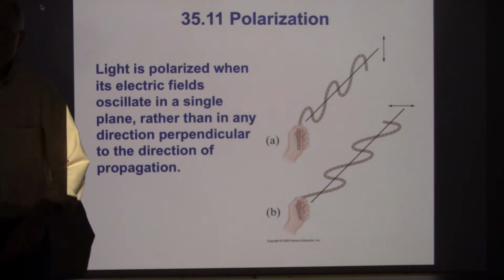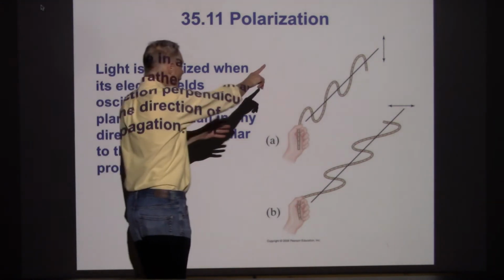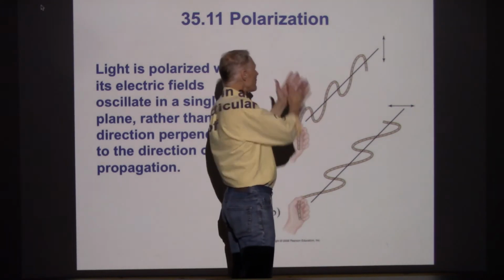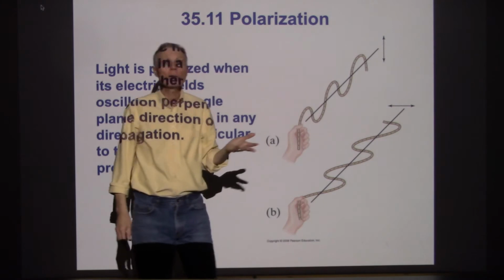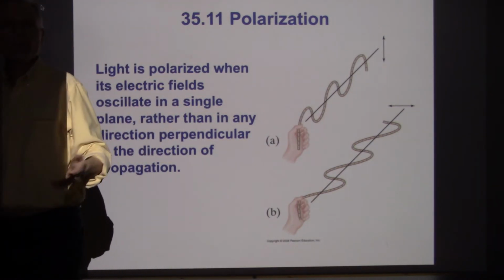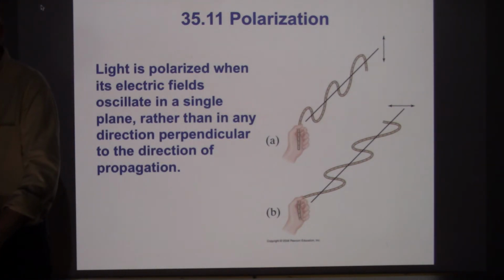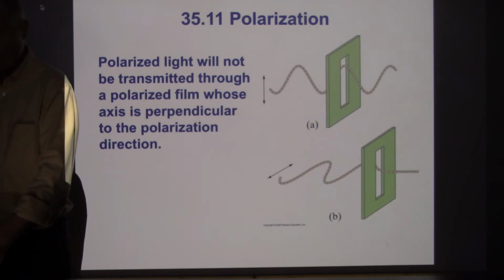The direction of propagation is along this line, and the E fields can either be lined up vertically or horizontally, or more generally, it's a combination of both. And so we say that there's two possible polarizations.